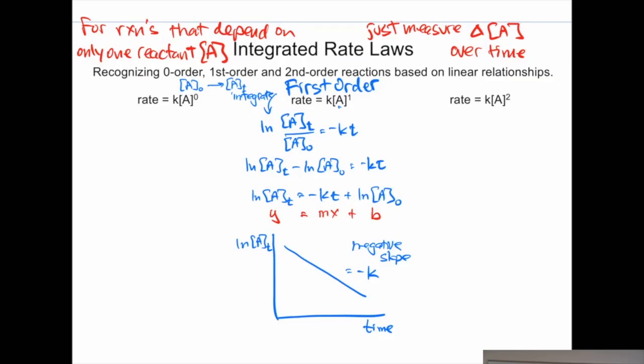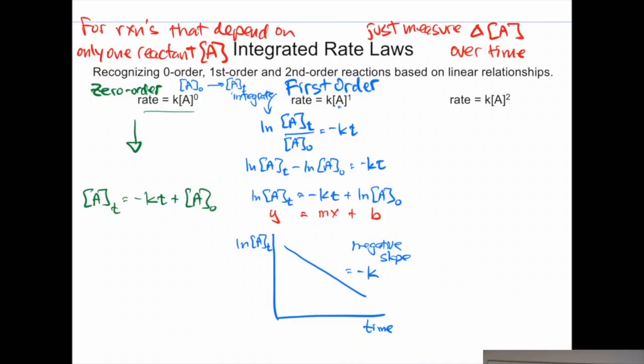Now let me switch colors here just to show you. If it's zero order, here's the rate law for zero order. If we do the same treatment, I'm not going to show you the whole derivation, but the end result is a straight line where the equation is the concentration of A, not the natural log of it, at any time t, is equal to minus kt plus the initial concentration of A. That's what it looks like.